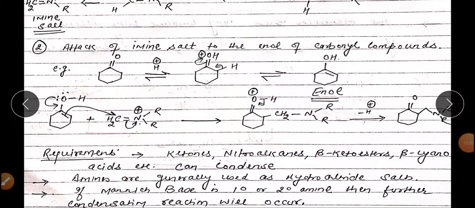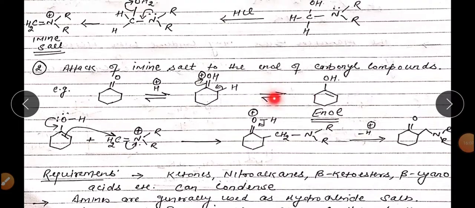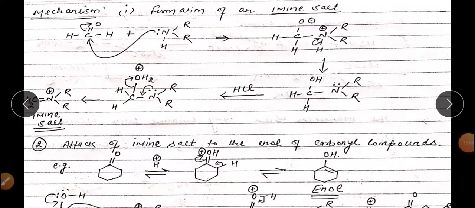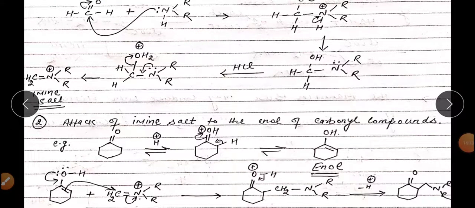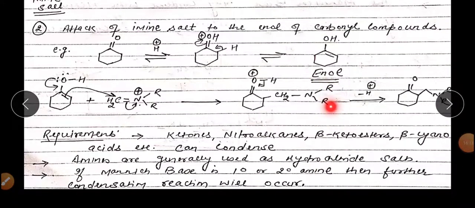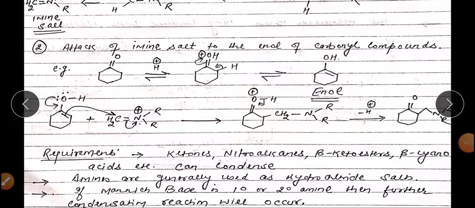Amines are generally used as hydrochloride salts. For example, in this reaction we have taken a secondary amine, and on reaction with HCl it gets converted into the amine hydrochloride salt. So they are generally used as amine hydrochloride salts.